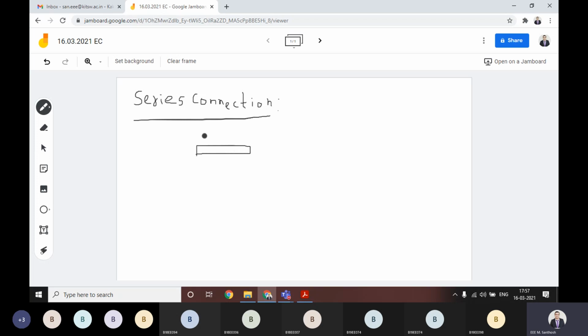First is Z1 and the second one is Z2. If both are connected in series, both are connected in series with this voltage source.